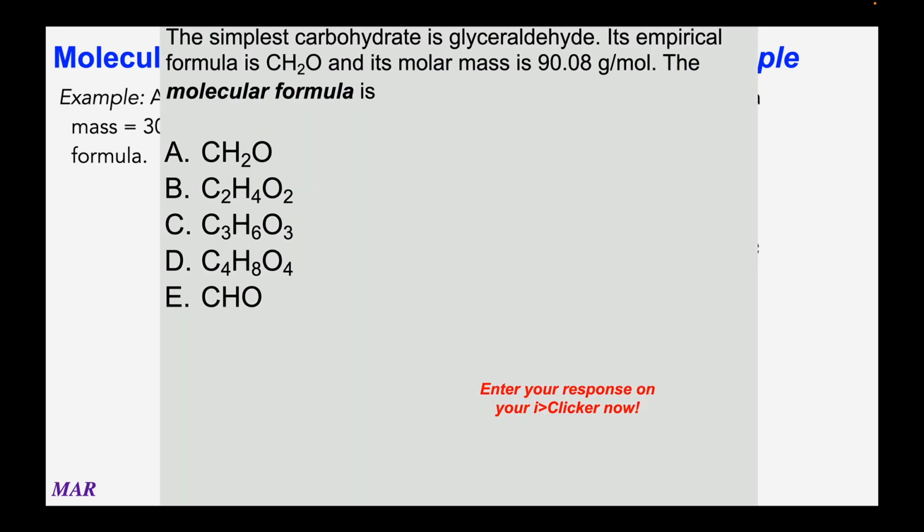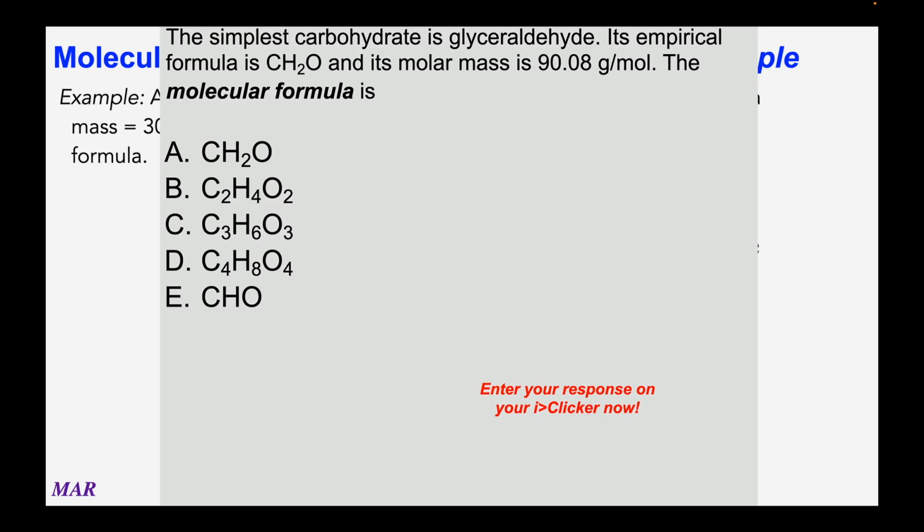Here's a question. Glyceraldehyde is the compound with an empirical formula of CH2O and a molar mass of 90.08 grams per mole. What is the molecular formula of glyceraldehyde? All right, no problem. To figure this out, we need the ratio. We need to know how many empirical formulas are in the molecular formula, and to do that, we need the molar mass of the empirical formula.